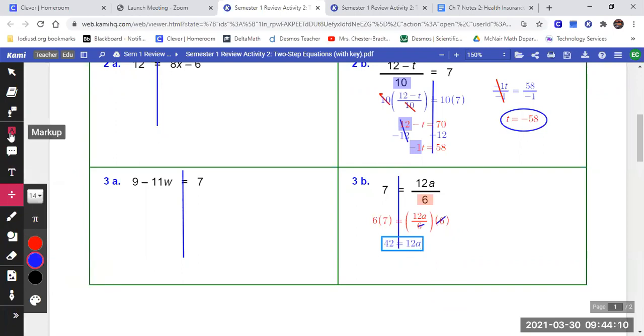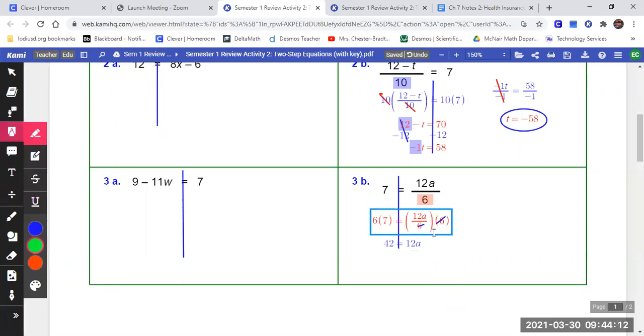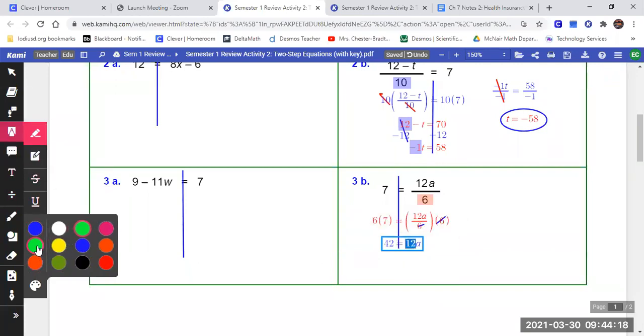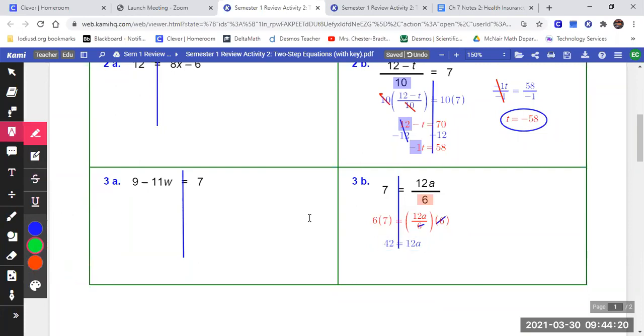All right. So we need to big one again, because I have this 12 with the a, and I want it to go away. What am I going to do to get that 12 out of there?